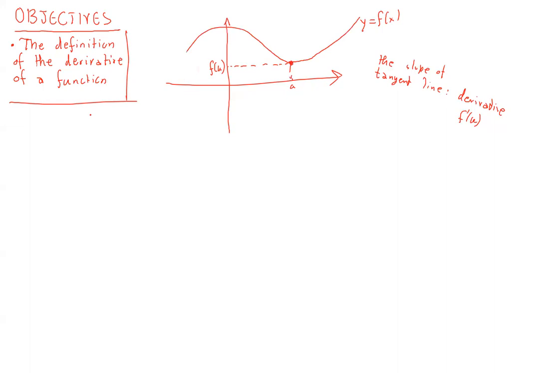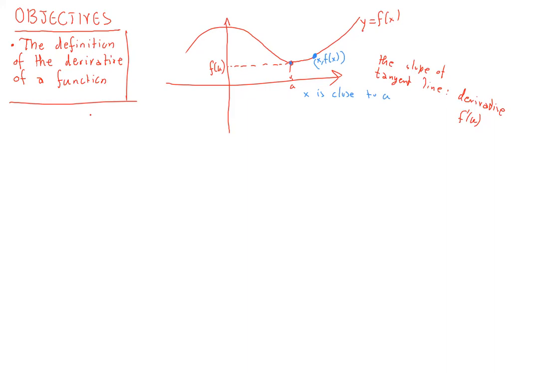And the idea is that we take a neighboring point on the graph. So this is the point, let's say x comma f of x. Some point that is not any specific point, but it's chosen so that x is close to a.